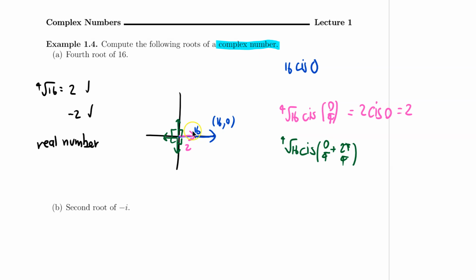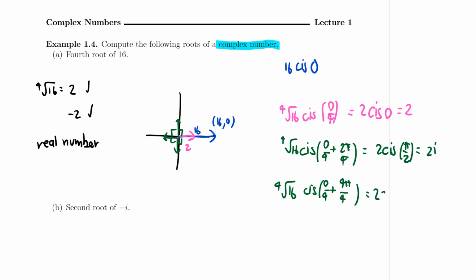Now this is going to be 2 cis of pi over 2. This is just 2i, and that's this vertical vector here.